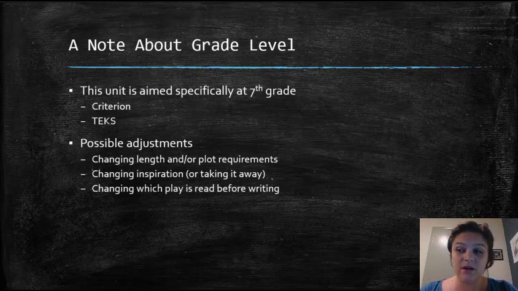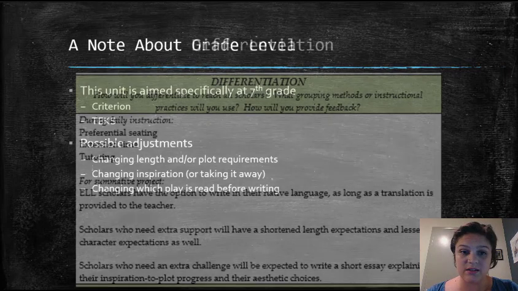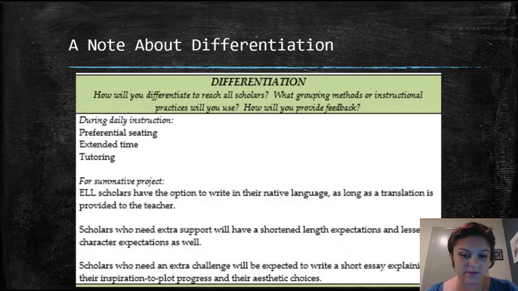I think that plays really on level for most of our kids, or it's enough of a challenge that they're working but they can meet it. And I think it has some themes that are really resonant with 7th grade, middle school, that age group in general. So those are my thoughts on how to scaffold this unit if you'd like to teach it to someone who's not in 7th grade.